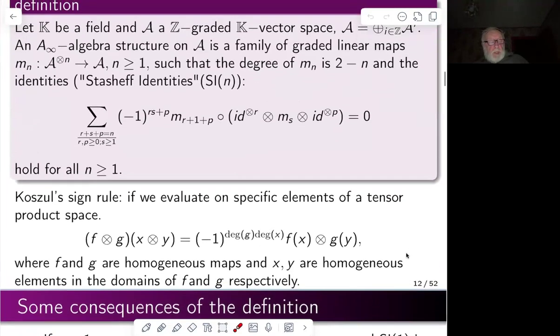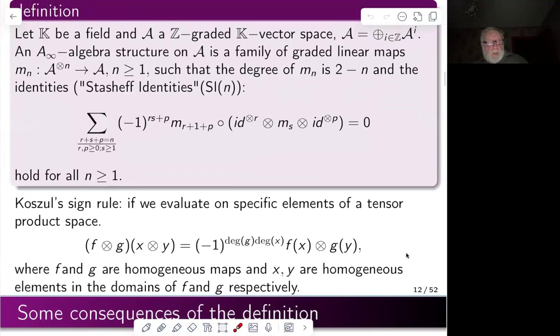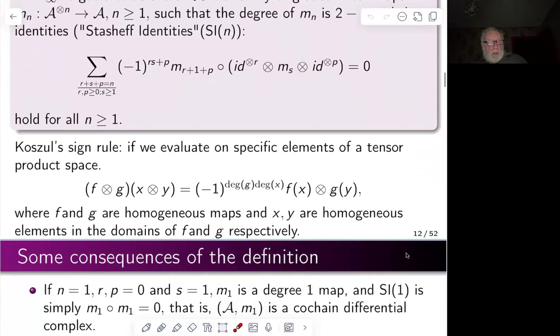So if we have this A-infinity algebra with m_n, we remind that we use here the standard Koszul rule of signs.